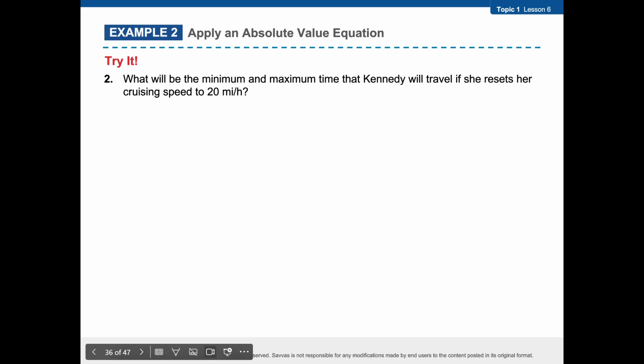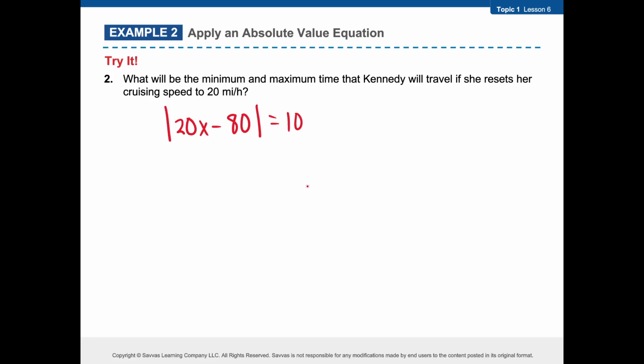So now she drives a little bit less. She's now driving 20 miles per hour. Still 80, and then above or below by 10. So to separate it, positive 10, she can go 10 miles above, or she can go 10 miles less. Same concept.